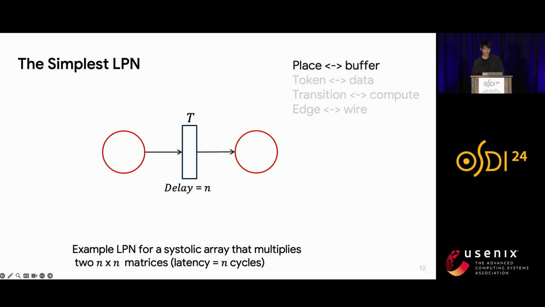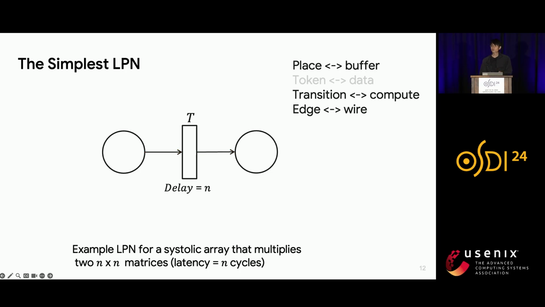This LPN also has a transition that models the performance aspect of the hardware module. The associated delay function computes how long the hardware module takes to process the input that we put into the input buffer. In this case, the delay function computes how long the matrix multiplication takes given specific matrices. Finally, there are edges that connect the places and transitions.